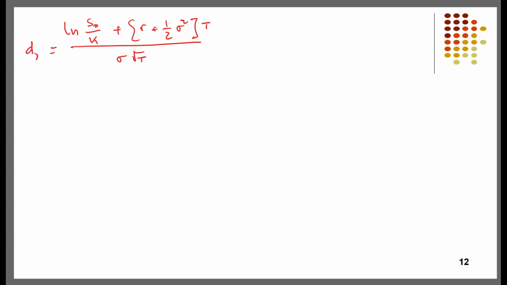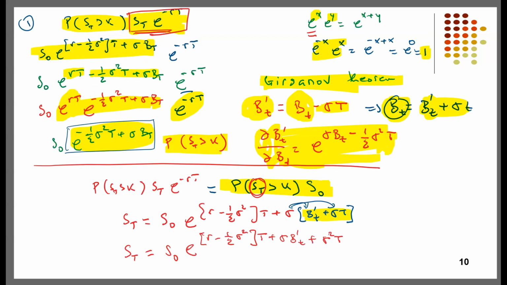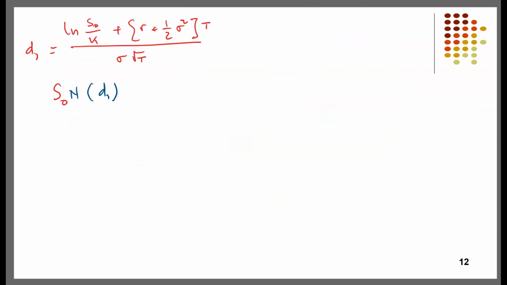And so our N of d1 is going to give us that. And you remember that when we made that assumption, we said that this term here was going to be equal to that. And so when we have the probability term, we multiply that by S0. So we need to multiply this by S0.